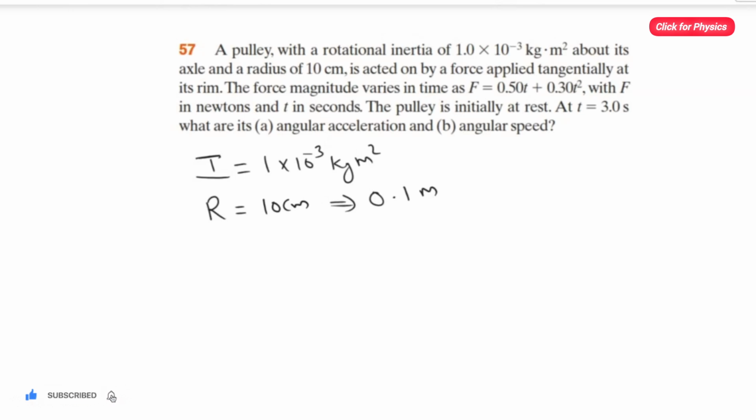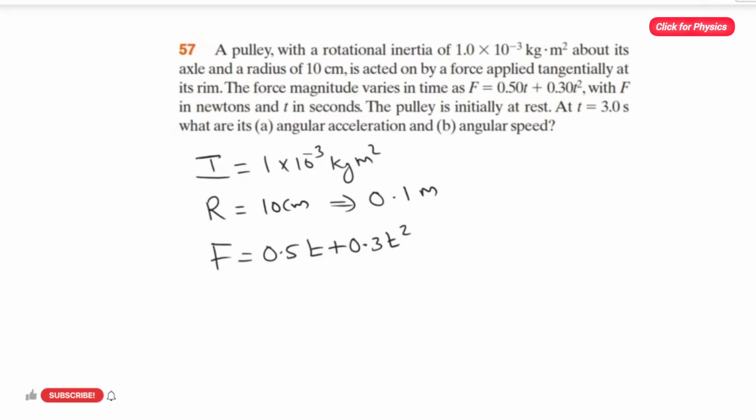And also the force applied is given in terms of time, F = 0.5t + 0.3t². Initially the pulley is at rest, and we have to find its angular acceleration at time t = 3 seconds, and also its angular speed. So it has two time instants, t1 equal to 0 and t2 equal to 3 seconds. Clear? So first of all, let's frame the formula.